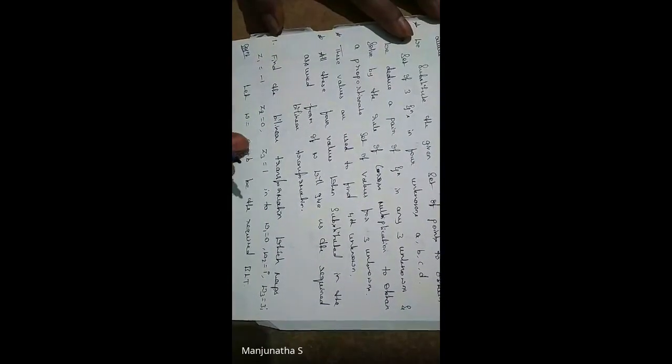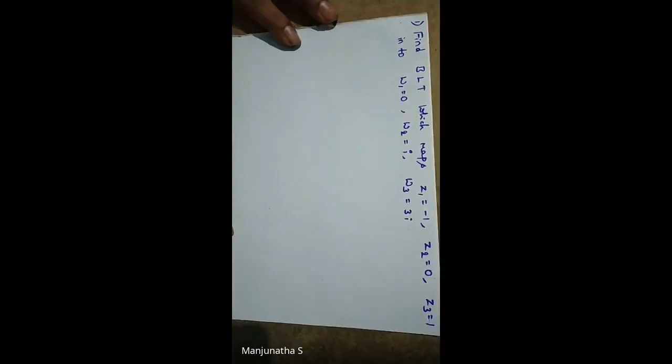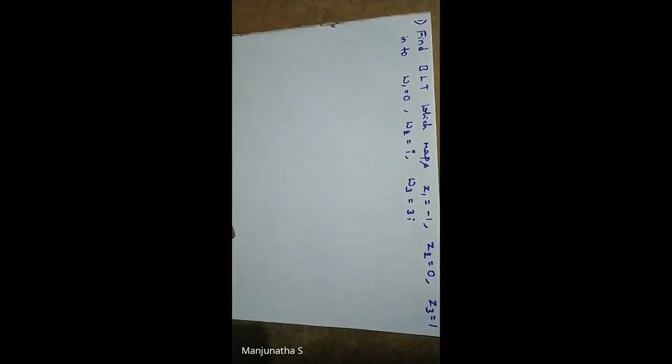So the question is like this: find the bilinear transformation which maps Z1 is equal to -1, Z2 is 0, Z3 is 1 into W1 is 0, W2 is I, W3 is equal to 3I. I hope everybody can see this. BLT is nothing but bilinear transformation.